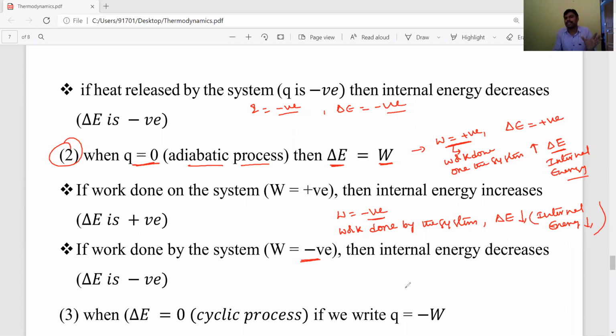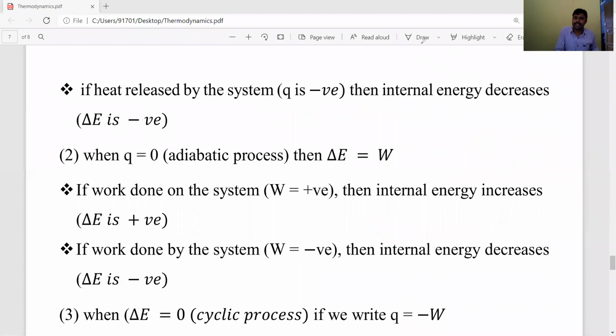If Q is constant or Q is zero, work done by the system decreases the internal energy. If Q is constant, work done on the system increases the internal energy. Okay, this second condition we have to remember. Let's see the third one.